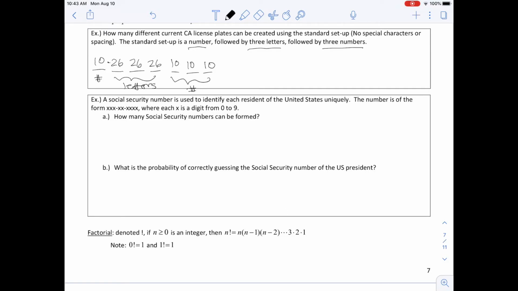With these values, we multiply them. Let's put some multiplication dots in there. When you multiply this out, you get a very large number, 175,760,000. And we need to put units with this: California license plates.